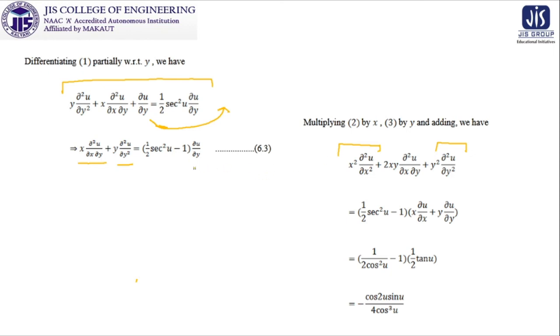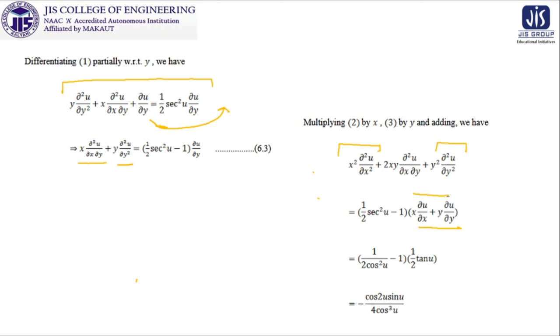So adding them, we will get our desired expression x² ∂²u/∂x² plus 2xy ∂²u/∂x∂y plus y² ∂²u/∂y², and then we will just write the values of them, and then taking common we will get this one.